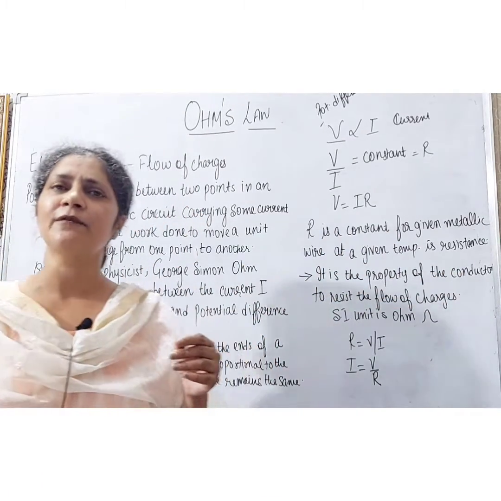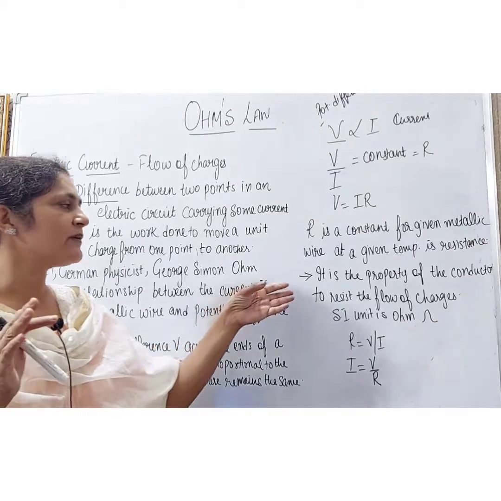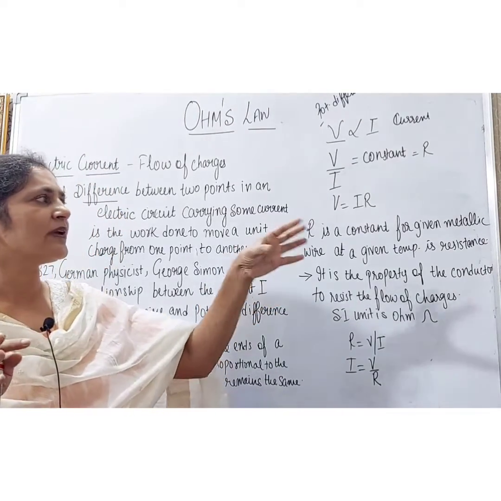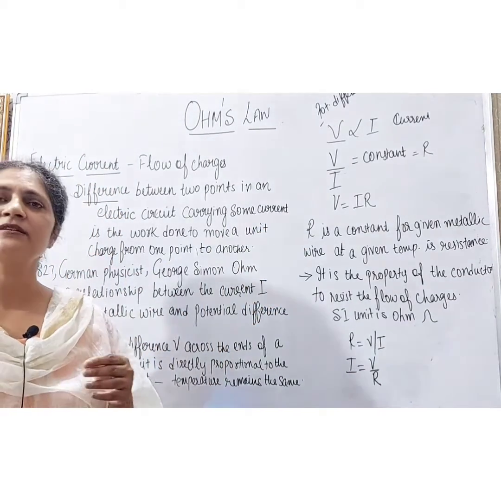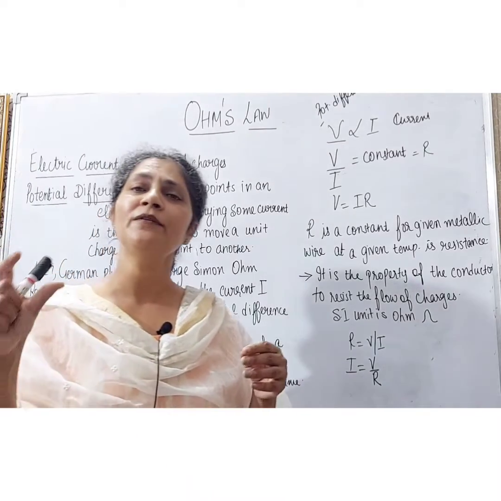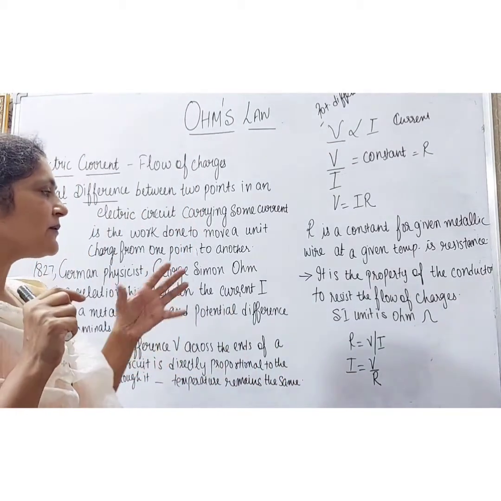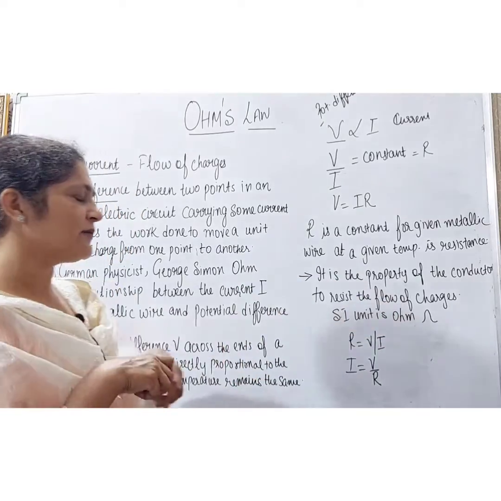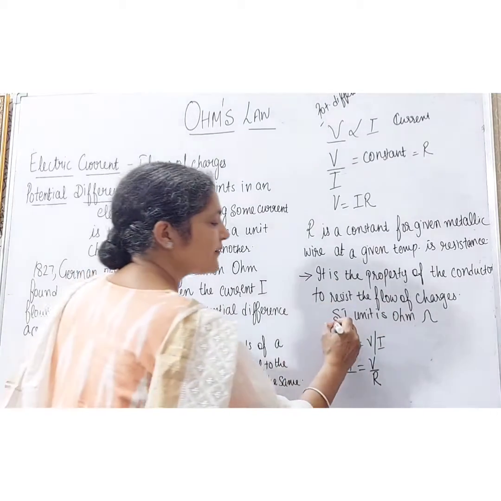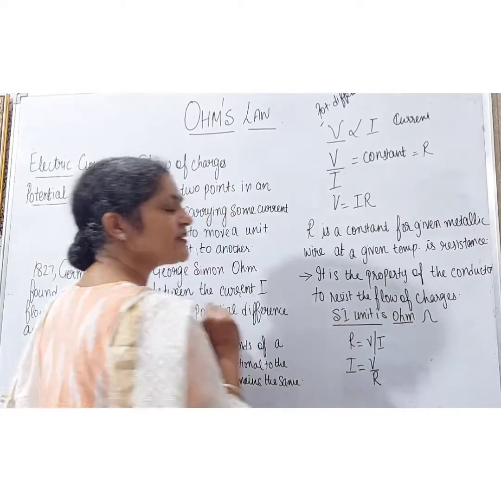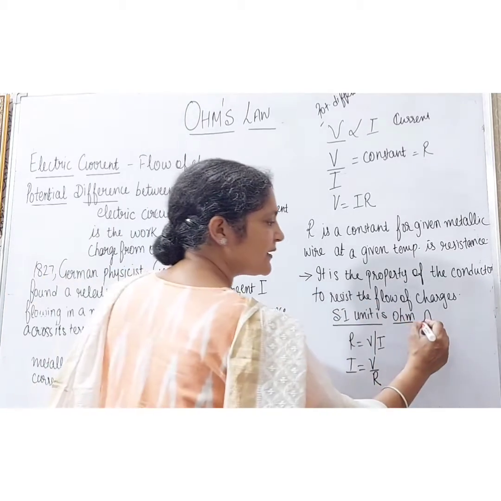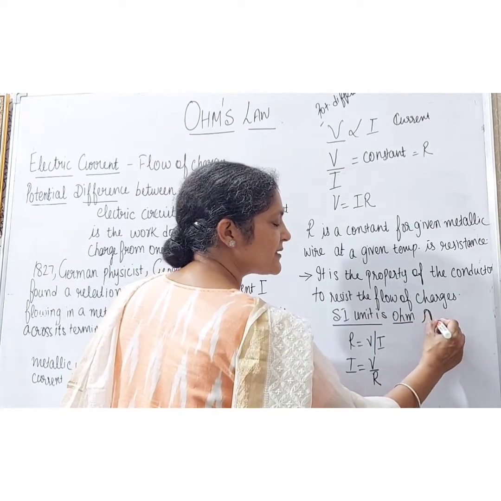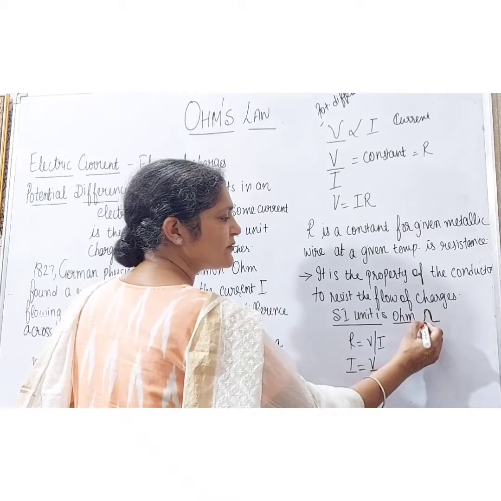When the charges are flowing, the property that resists them is known as the resistance. So the SI unit of resistance is ohm, which is denoted by a Greek symbol. This is ohm. Right students?